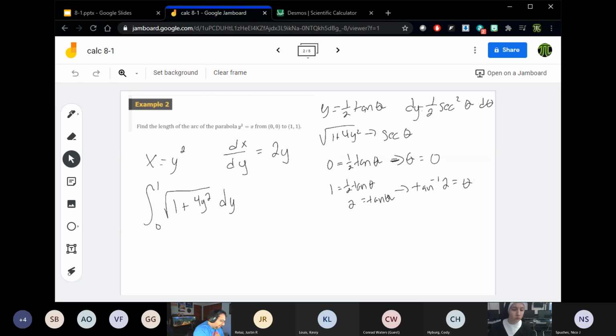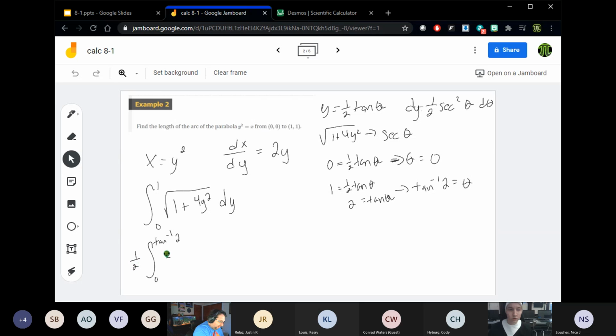So my integral that I'm going to do is 0 to tangent inverse of 2. And then take the 1/2 out.